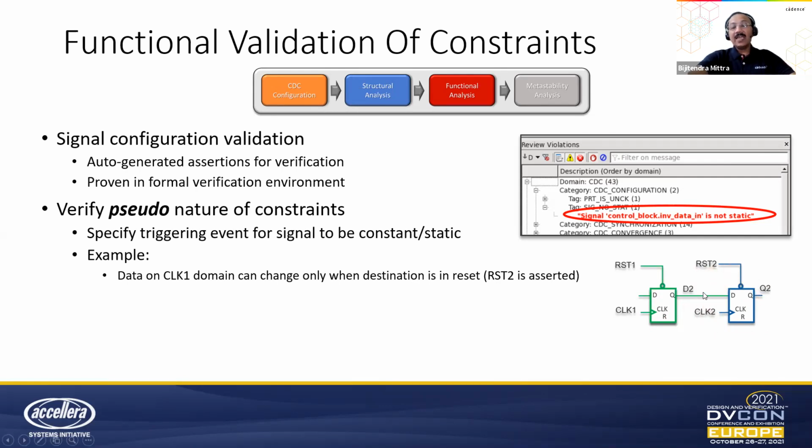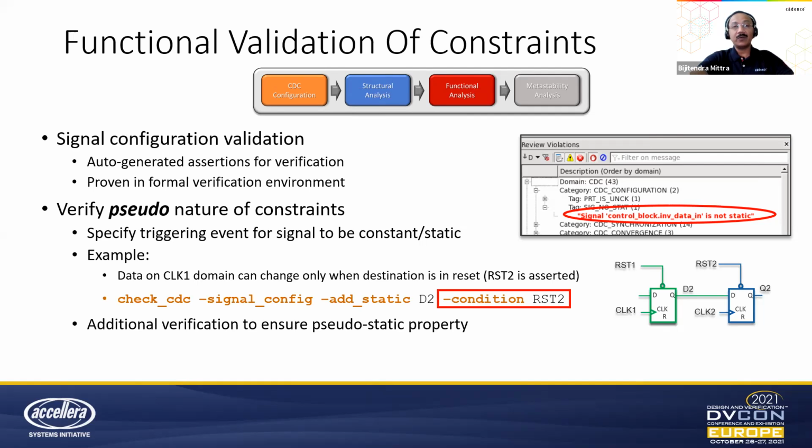Now, if I specify D2 as static, then any formal proof will tell that this is a failure because D2 can change. And we know D2 can change, but only under a specific condition. So it's important that the tool allows you to specify a condition along with the static declaration so that it can be formally or functionally verified.